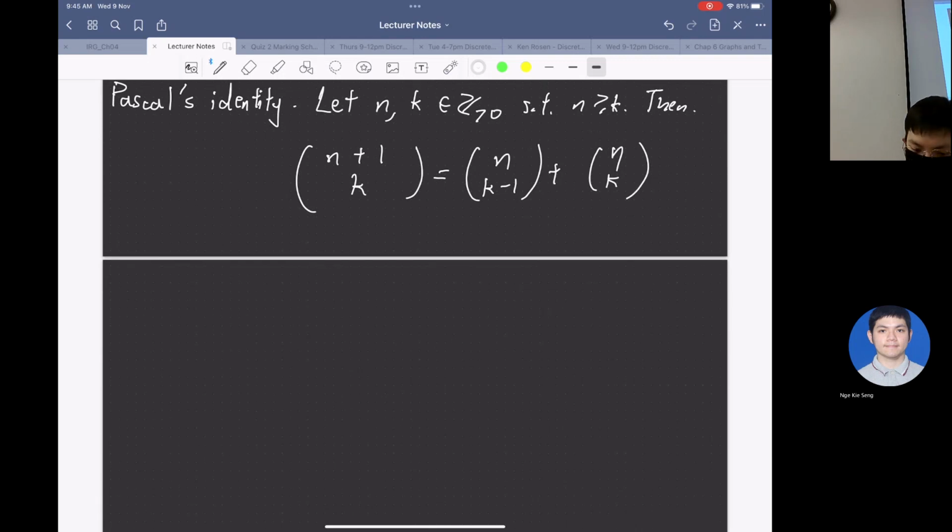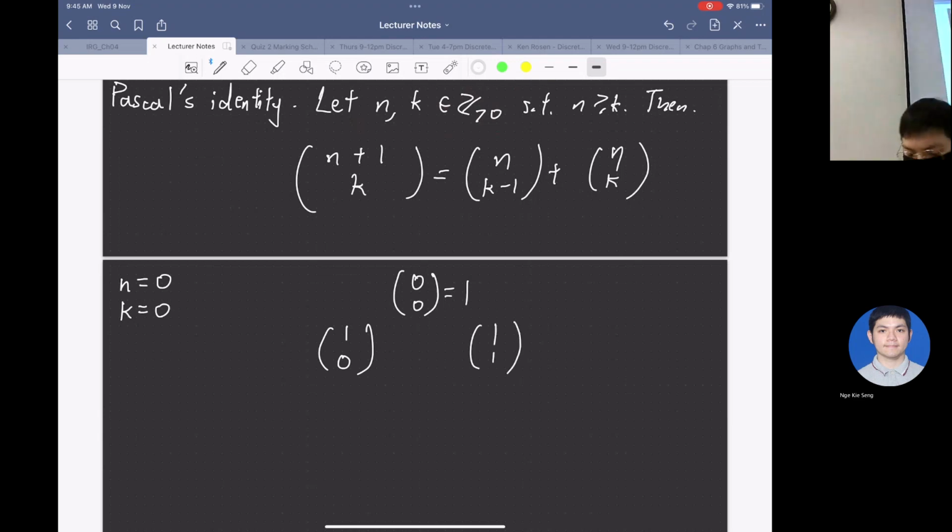You see this one is starting from when both of them are greater than 0. Why? Because when n equals 0, k equals 0, I think this one is by definition 1. And then how about 1 choose 0? 1 choose 0 is 1, right?